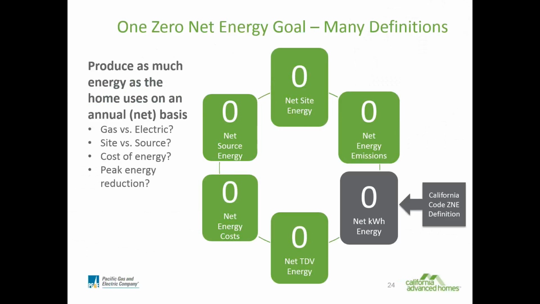One of my concerns, and I'm not sure how this is going to be addressed, is from an environmental standpoint. I think most environmentalists don't like the use of gas anywhere in a home, but because you don't have to size your PV system to make up for the gas usage, this new definition almost incentivizes you to put more gas into a home.